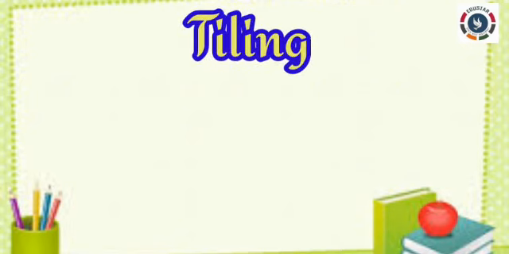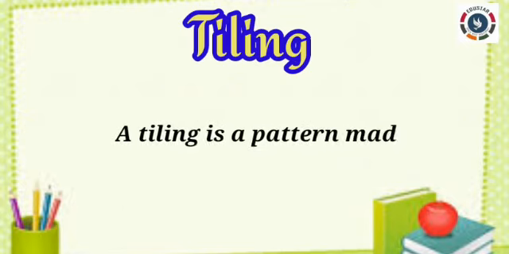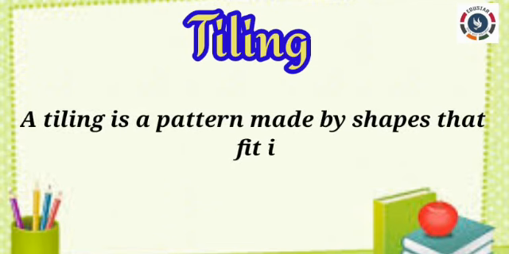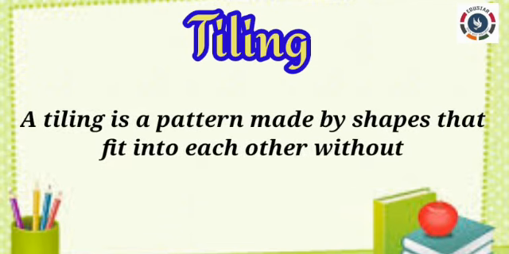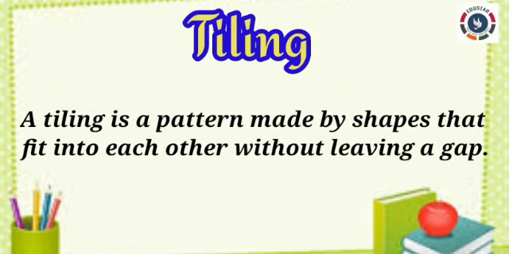Okay, students. Do you know about tiling? I will explain. A tiling is a pattern made by shapes that fit into each other without leaving a gap. See the examples.